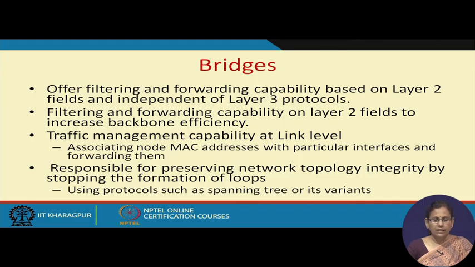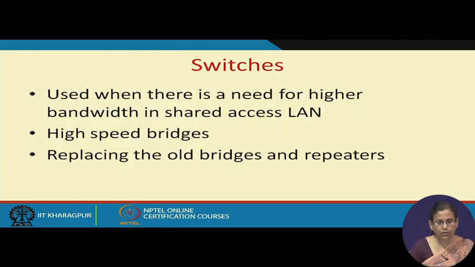They can associate a node's MAC address with a particular interface and forward frames accordingly. They are responsible for preserving network topology and integrity by stopping the formation of loops. They use protocols such as spanning tree and its variants, so that the frames sent over the network do not come back to the same location.